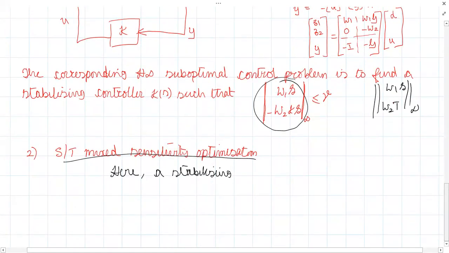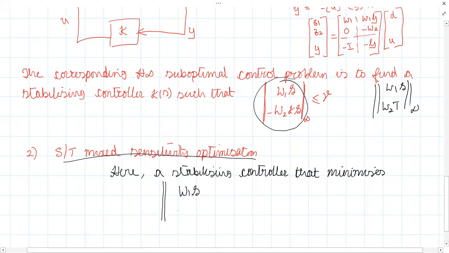Here, a stabilizing controller that minimizes the infinite norm of sensitivity and complement sensitivity is to be found.